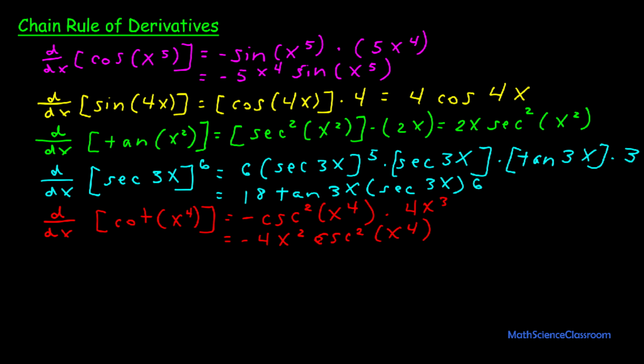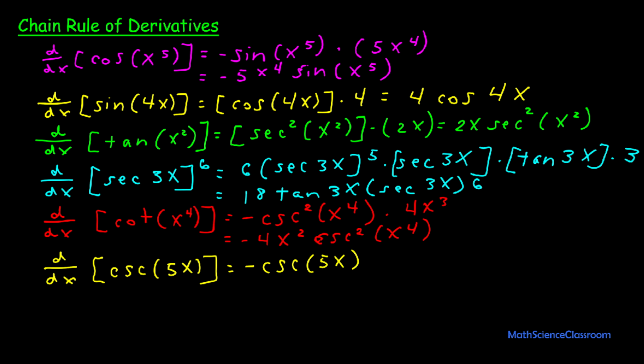Good. And then our final problem, d dx. This will be a cosecant problem. Cosecant of 5x equals negative cosecant 5x times cotangent 5x times 5.